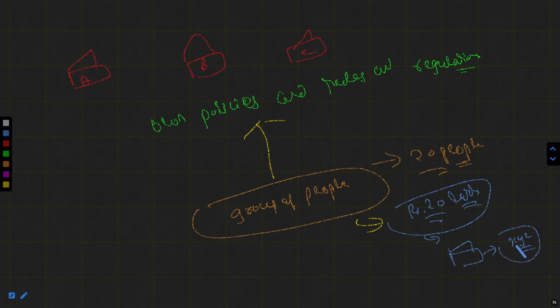That was the main motive, and sometimes the only motive, behind establishing cooperative banks: you are not getting what you expect from the other banks already established in the market. So people generally find a solution by establishing cooperative banks, in which they can formulate their own policies and rules and regulations.